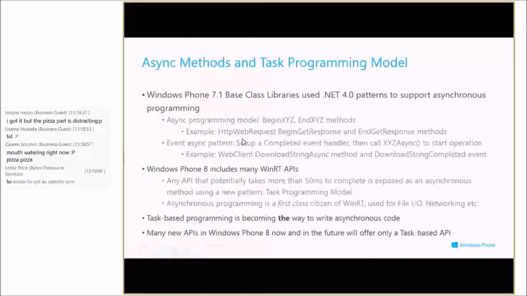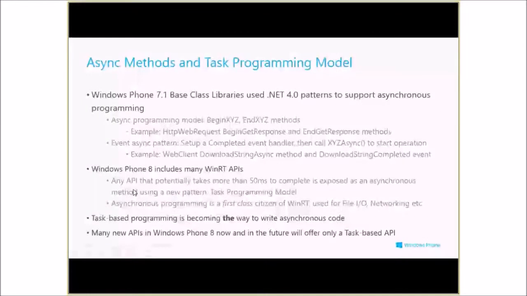It's still working in Windows Phone 8, but now in Windows Phone 8, any API that potentially takes more than 50 milliseconds to complete, which includes many WinRT APIs, is exposed as an asynchronous method using a new pattern called the Task programming model, or TPM.